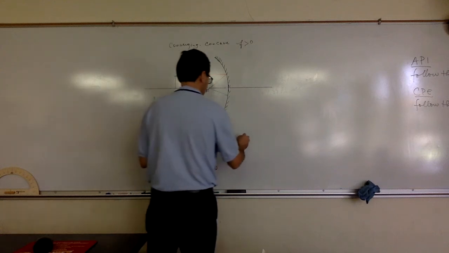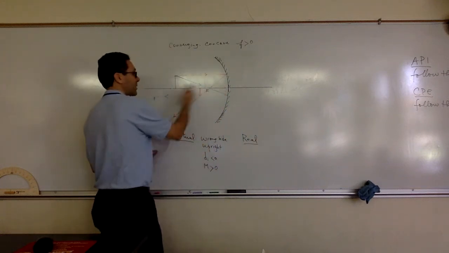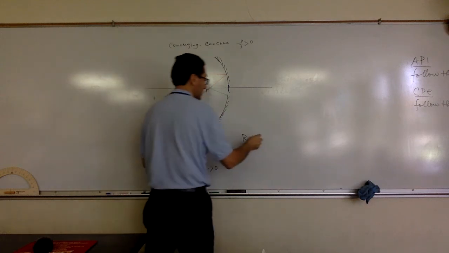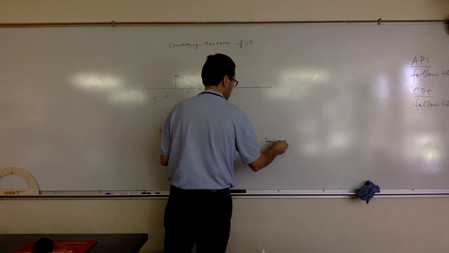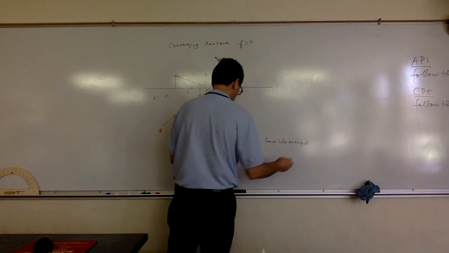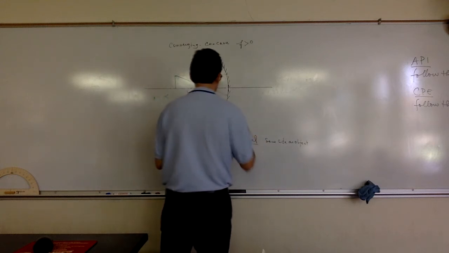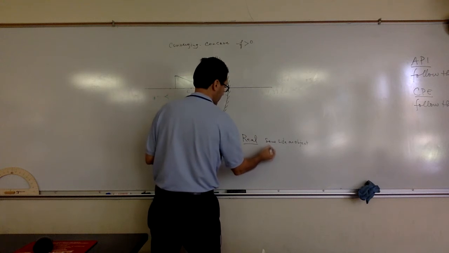If the image is real, it means it has to happen on the left side. So that's the right side, the same side as the object. And it's going to be flipped, which means it's going to be inverted.